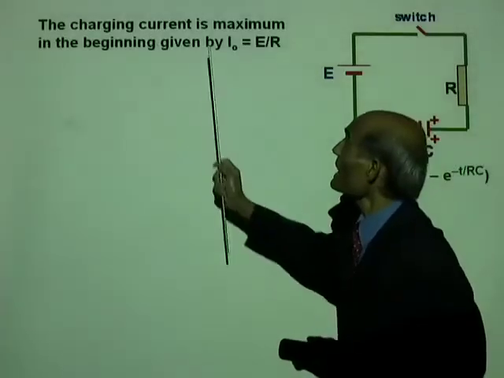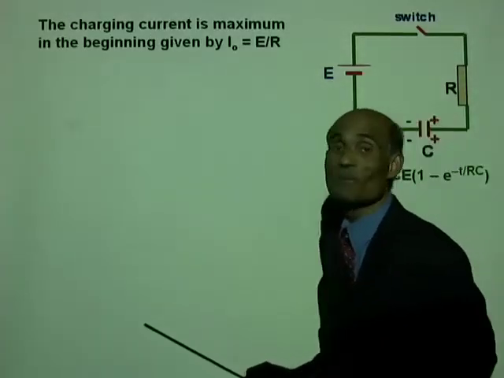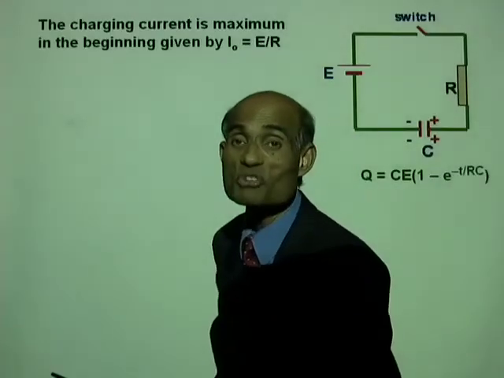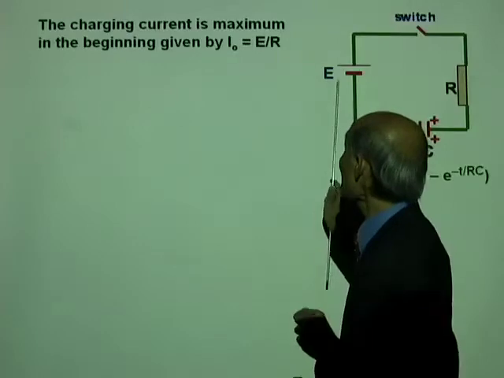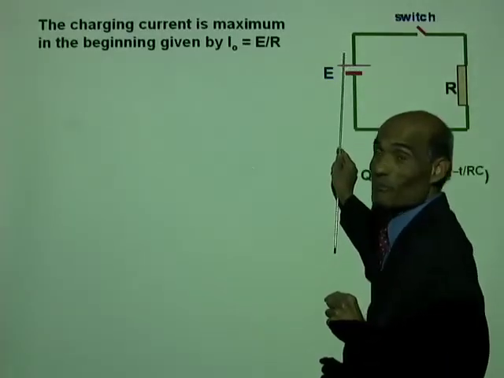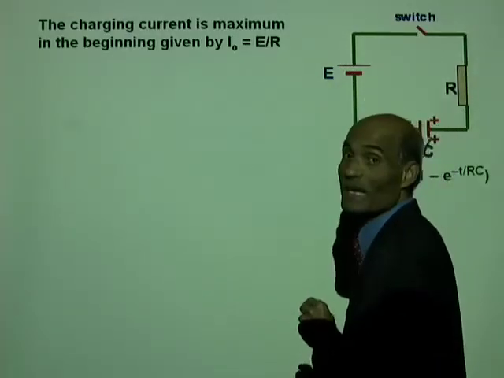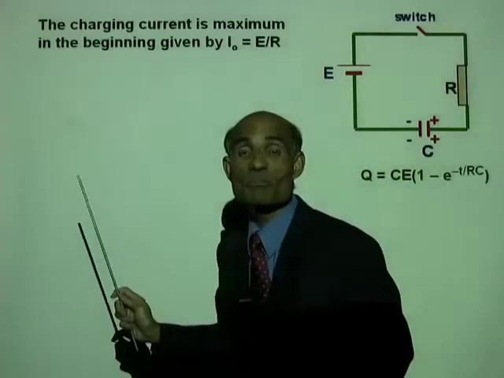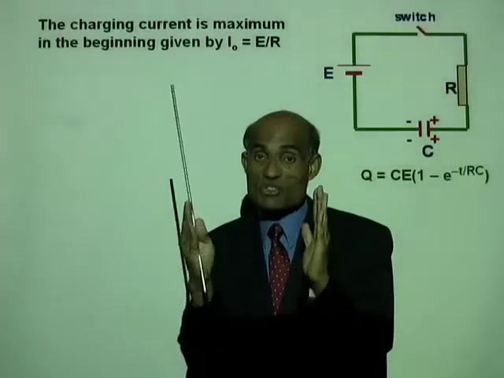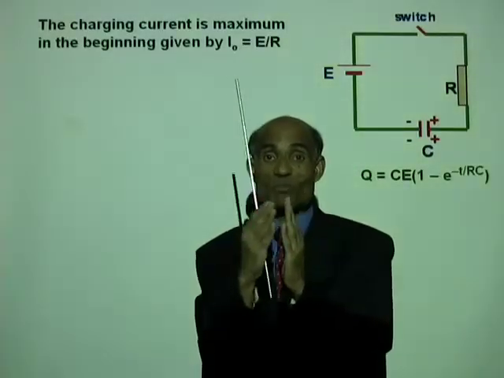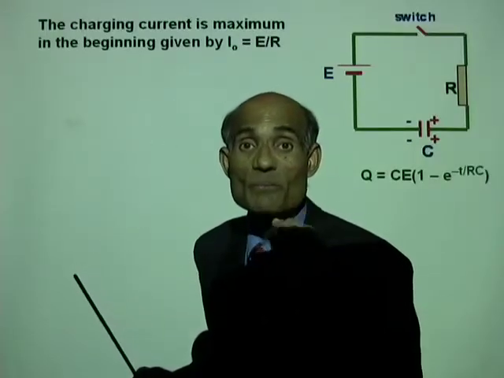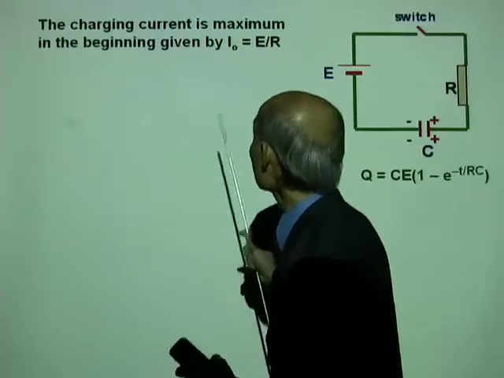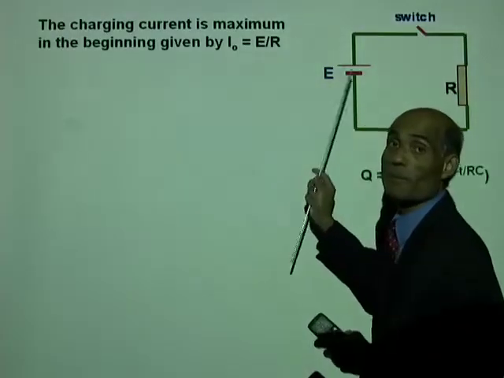The charging current is maximum in the beginning. Why is the charging current maximum in the beginning? Because the rate of flow of charge from the cell to the capacitor plate will be a maximum in the beginning. And as the capacitor plates accumulate more and more charge, that rate of flow will decrease. What is the maximum current equal to?